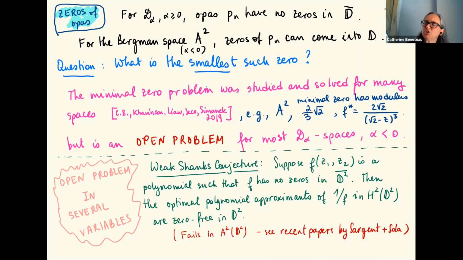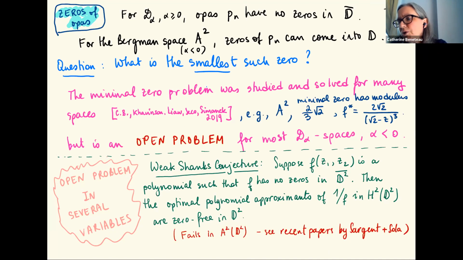A lot of people in the engineering literature were very interested in these optimal approximants early on. I don't know if it ended up being very useful for them, but they used them to construct filters, and it was important for filters to essentially correspond to functions that have no zeros inside the disk.